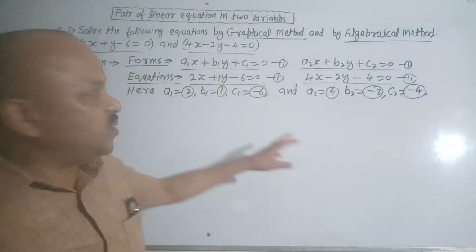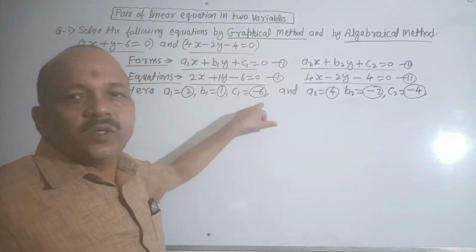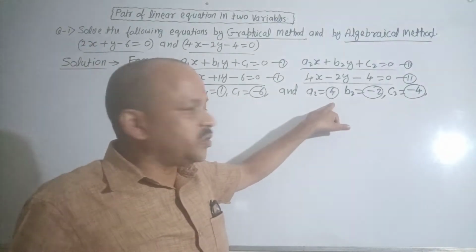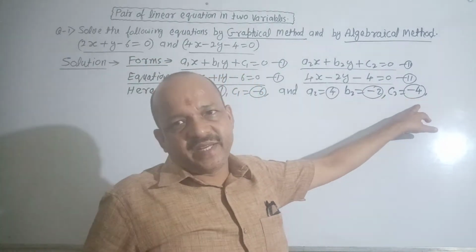You find the values a1 equal to 2, b1 equal to 1, c1 equal to minus 6, a2 equal to 4, b2 equal to minus 2, c2 equal to minus 4.